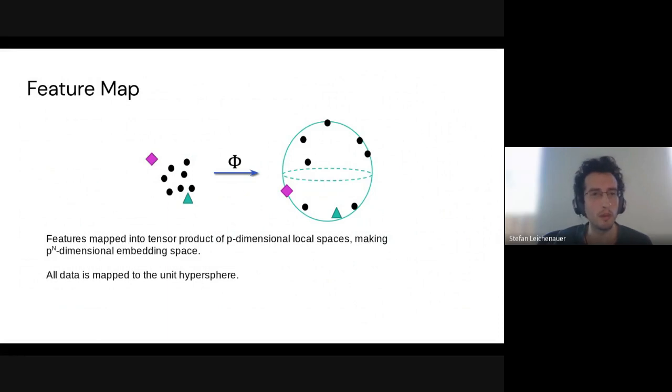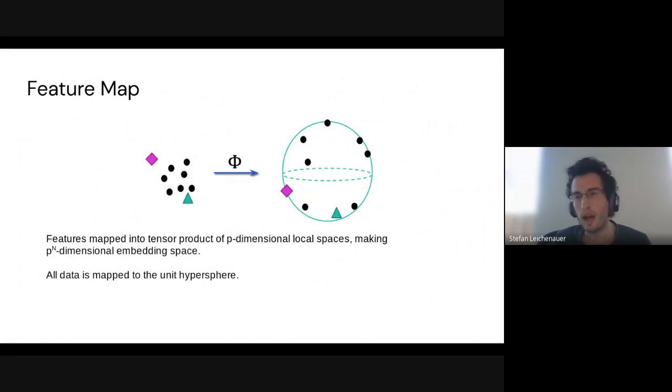We'll take them to be between 0 and 1, sort of like the grayness of a pixel can be mapped into an interval 0 to 1. And we're going to take that feature and map it into a local feature space, p-dimensional space. P could be 2 or 4 or 6. And then concatenating those together, or taking a tensor product of all of those, gives a mapping of the entire data point into a p to the n dimensional space if there are capital N features.